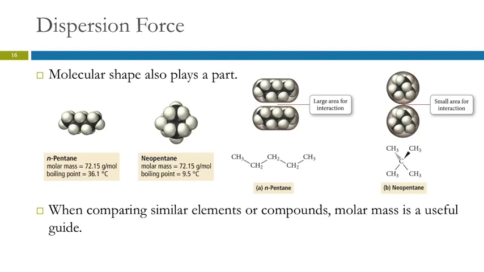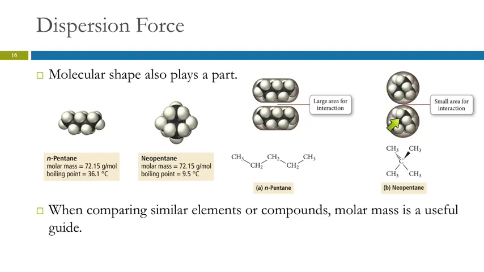So we can think of dispersion forces as being a little bit like Velcro. Here we have these two molecules, and they can have more surface area in contact or close proximity with each other. If you imagine these covered in Velcro, they're probably going to stick together pretty well.